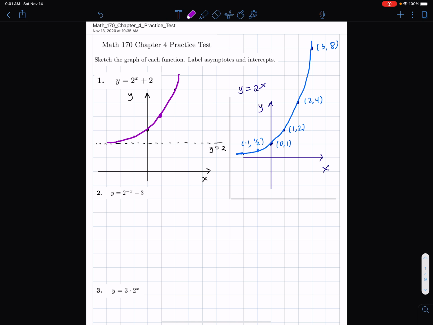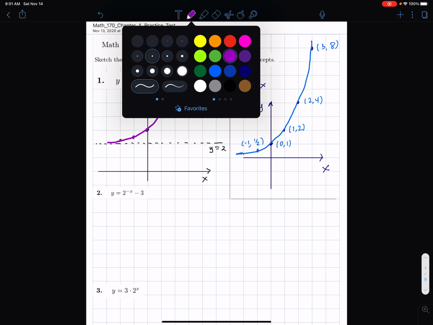In terms of just plotting points, if you had base e to the x plus 2, it would be less convenient, but the graph looks almost the same. So 2 is a convenient base, but there are other bases, especially if you have a base greater than 1. And I guess I'm sort of rambling on there.